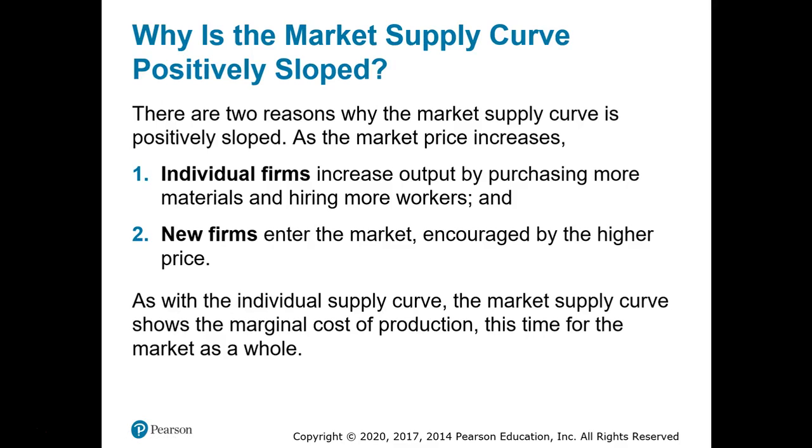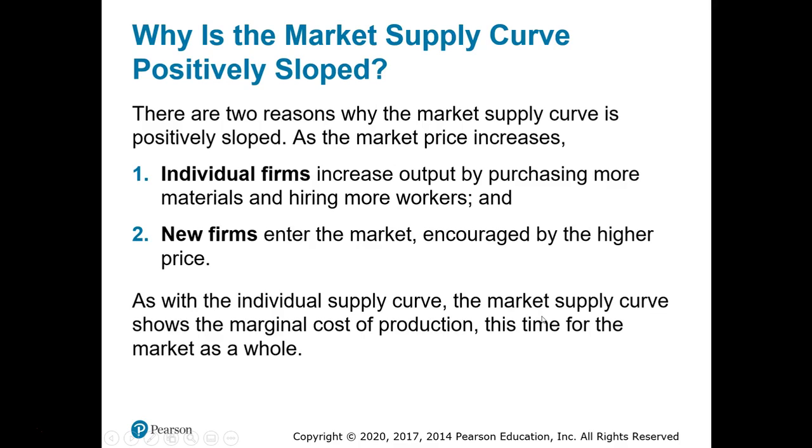There are two reasons, though, that the supply curve is positively sloped. As the market price increases, number one, individual firms increase output by purchasing more materials and having more workers. New firms also then enter the market. That's number two, which have also been encouraged by that higher price.